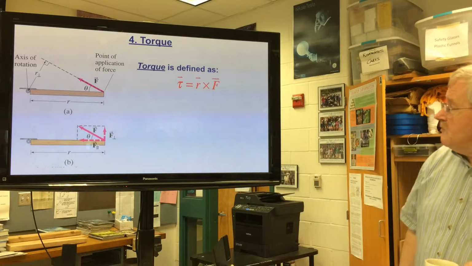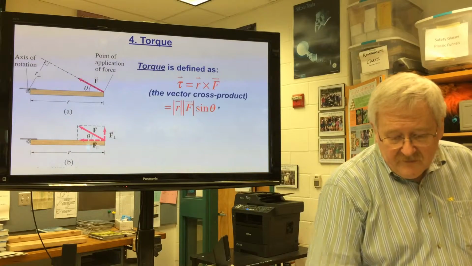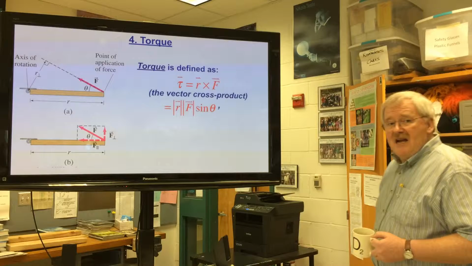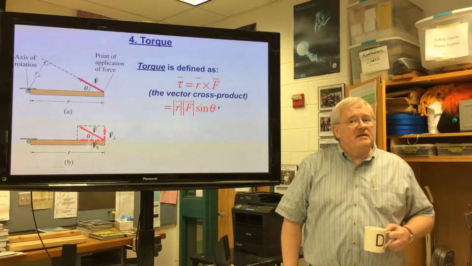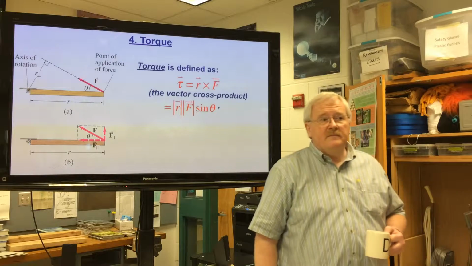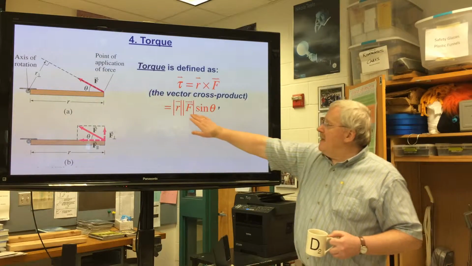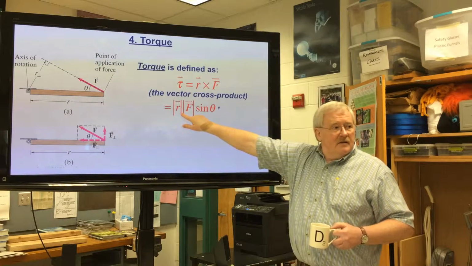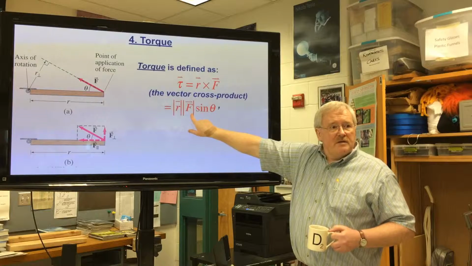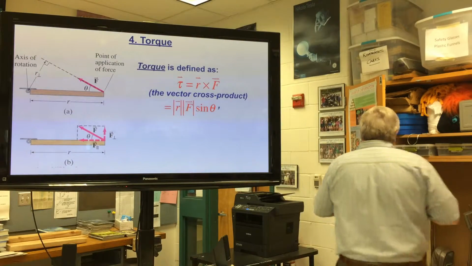Well, with the cross product, it's actually a little bit different. Now, it's the sine of the angle that we're interested in. What is the sine of 90 degrees? 1. So this maximizes when the angle between the lever arm and the force is 90 degrees, which is what you'd expect, right?